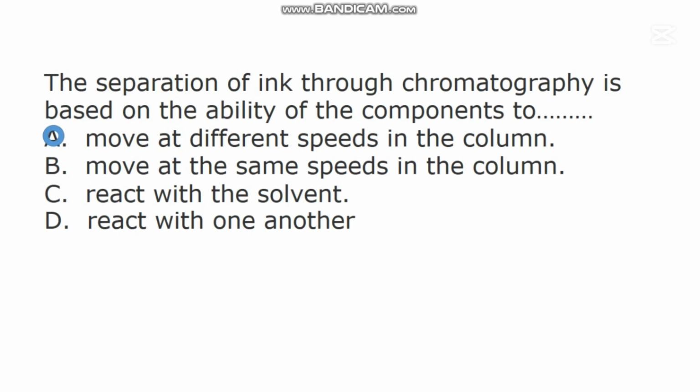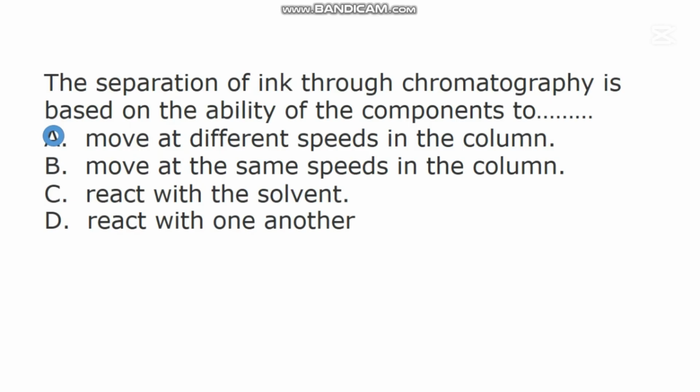Studies have shown that there is a separation technique known as chromatography. This chromatography is a technique that is used in separating the components of a mixture that move at different speeds in the two areas known as the stationary phase and the mobile phase.